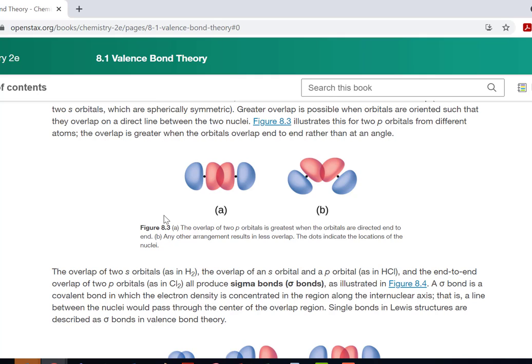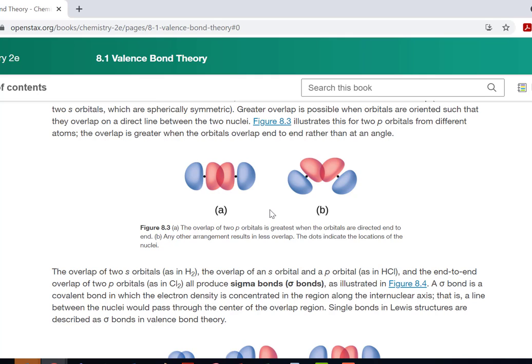So think of it like waves that are combining. They can combine positively or they can combine negatively. Here we're showing them combining positively because we have basically the same sign of the wave function. We're indicating that with colors here. So we have the blue colors indicate one sign, the red colors indicate the other sign.